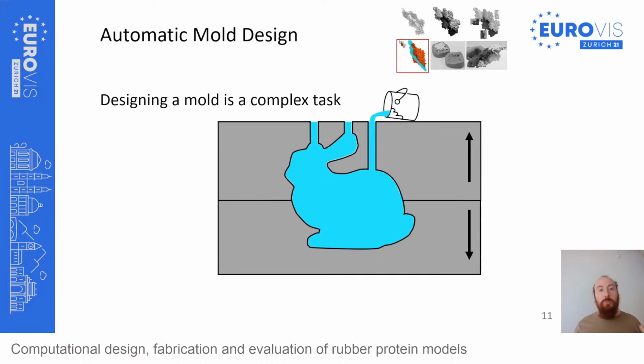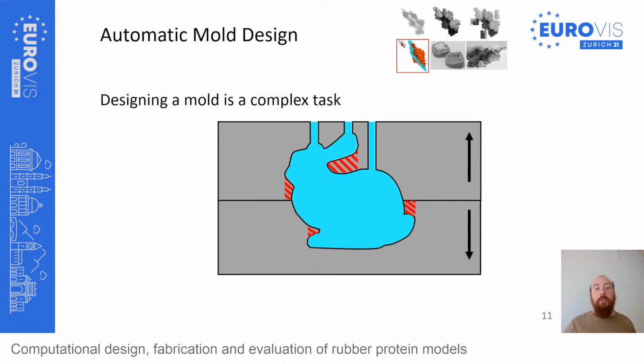Then what happens is that you open the mold along the extraction direction for every part and free the object. Unfortunately, designing such a mold is a very complex task, as it requires you to choose an extraction direction for each one of the molds, and also the geometry of the parting surface that allows you to open the mold in such a way that the object can be released. And this requires accounting for some constraints, for example, the undercut constraint.